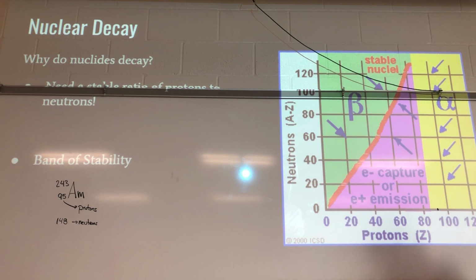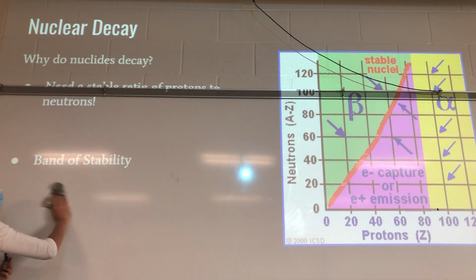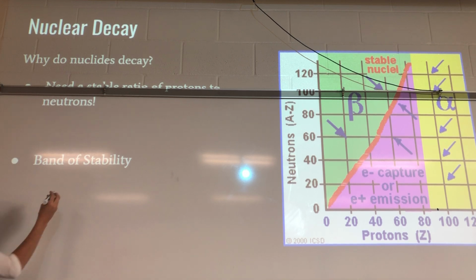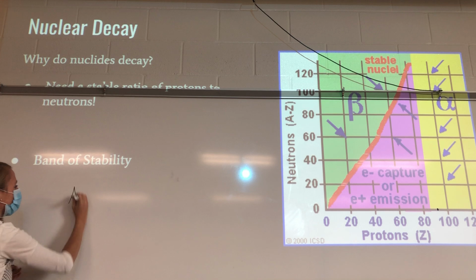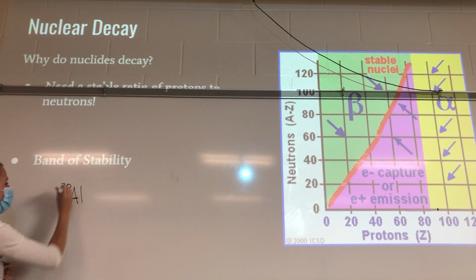of stability. Now this graph obviously keeps going theoretically, right? And so we can see where it falls. Let me pick one that lands on the graph this time so it's easier to tell. Let's do aluminum, 27.